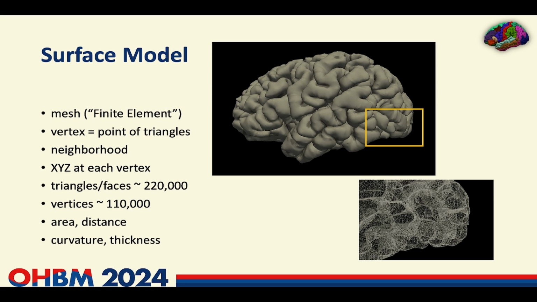It has a neighborhood that characterizes it, and we characterize the vertex location by x, y, z coordinates. In case of the infant brains, we have about 220,000 triangles that represent the brain, and 110,000 vertices. These have various features associated with them. So for example, area, distance, curvature, and thickness. And I'm going to talk about those a little bit more.